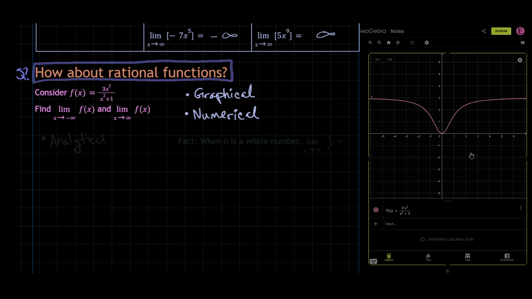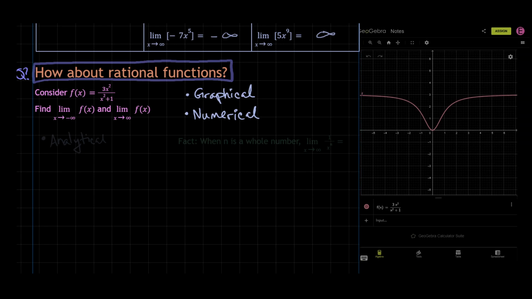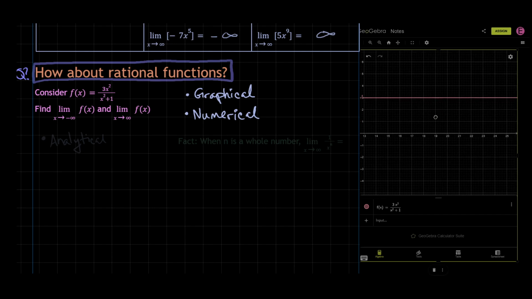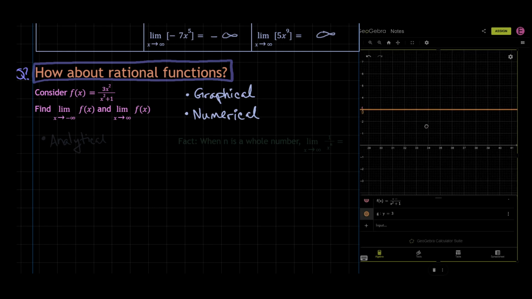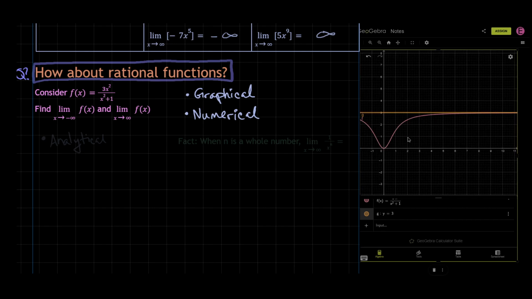So here's our graph. As x goes to positive infinity, this is starting to look like a straight line. What straight line exactly? y equals 3, right? It looks like we're going to have a horizontal asymptote at y equals 3.